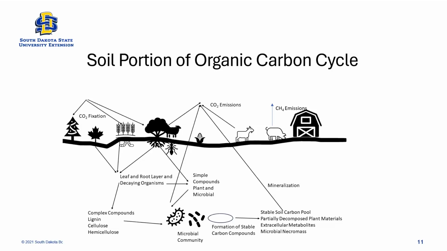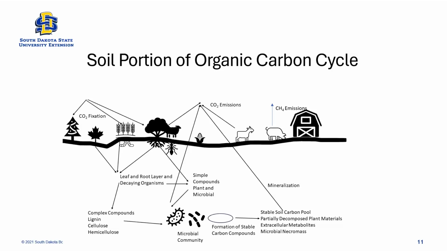Here's another picture of the soil carbon cycle. You have carbon removed from the atmosphere through fixation by plants. The plants die and organisms eat them, such as worms, and help break them down further during decomposition.